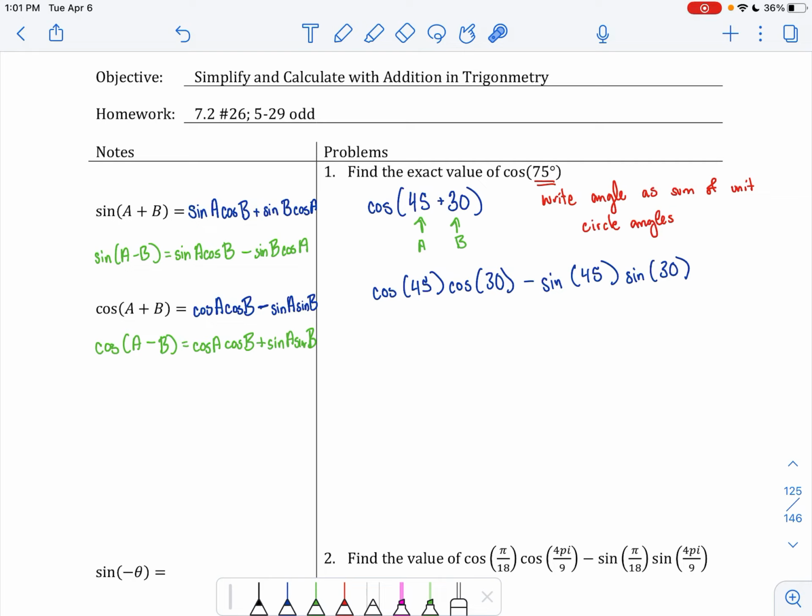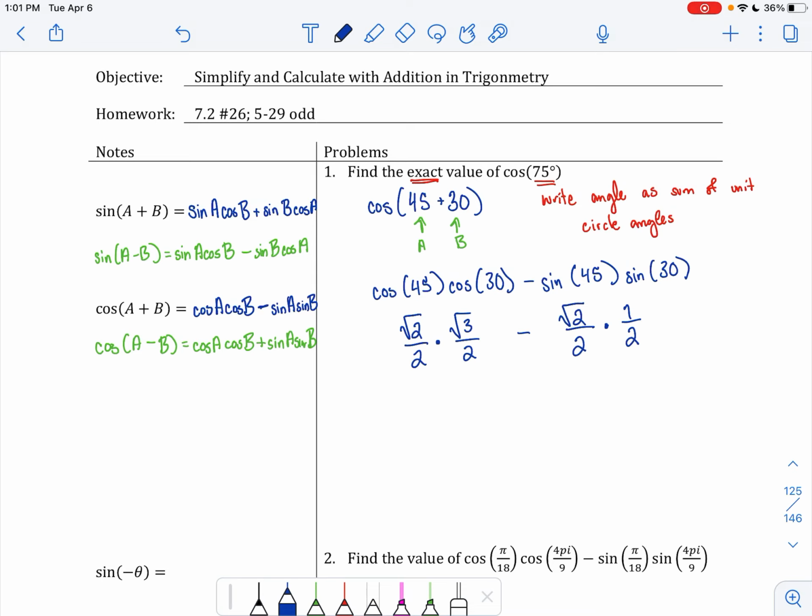Now, because we're using our unit circle values, we can plug in the exact values because, as we said, that's what we're looking for. So using your unit circle, the cosine of 45 degrees is root 2 over 2. The cosine of 30 degrees is root 3 over 2, minus sine of 45, which is root 2 over 2, and sine of 30 is 1 over 2.